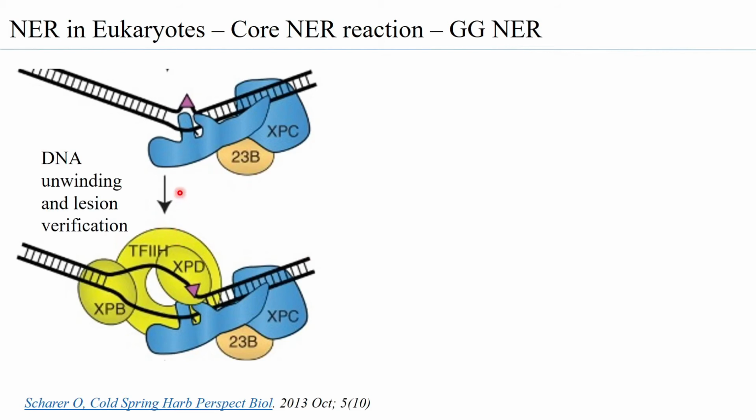Now we look at what happens next. So once the XPC RAD23B identifies the damage, the XPC RAD23B complex is able to recruit the next component of the NER, which is the transcription factor 2H.